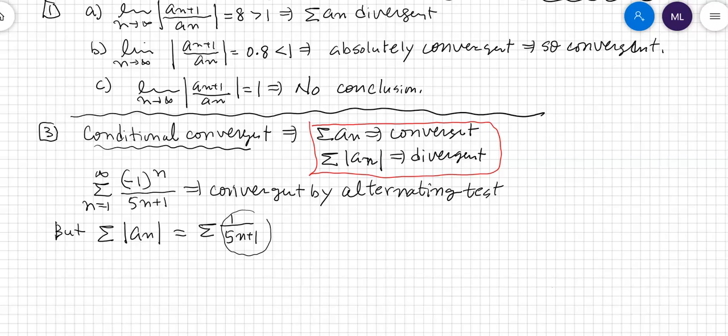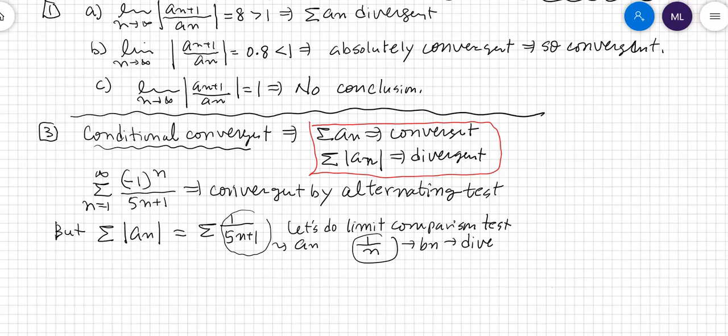Okay, to do that, let's do limit comparison test. Now, if I call this aₙ, and then 1 over n, I'm going to call this bₙ. So bₙ is divergent, harmonic.